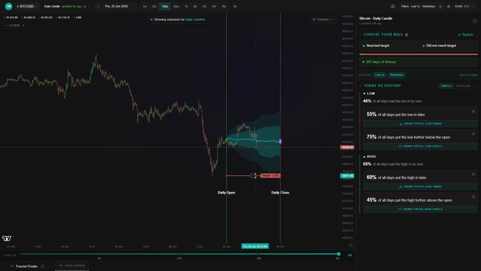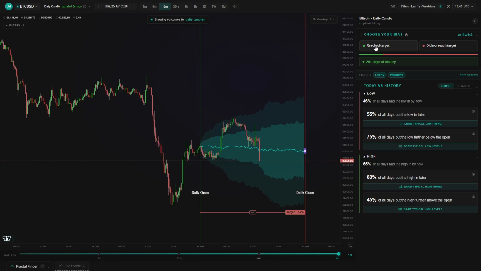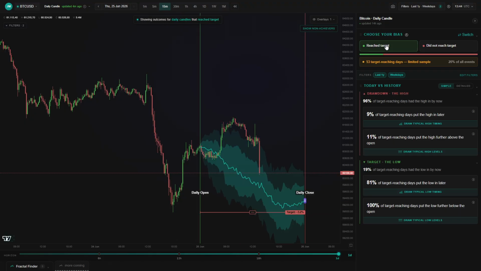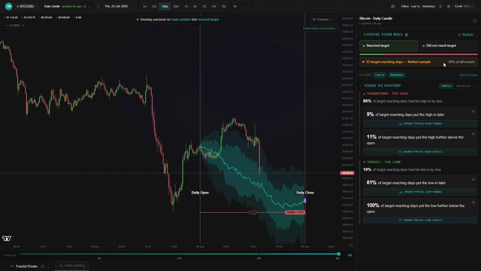I want to adjust my target towards the weekly low right here, and I can click on reach target, and it's going to match all the daily candles from the 261 daily candles that we are looking at, that we're going to hit this target based on historical data. And then we can see that 53%, 53 days out of 261 days, so approximately 20% of all events, would reach new weekly lows today.